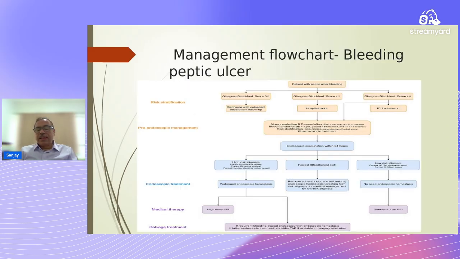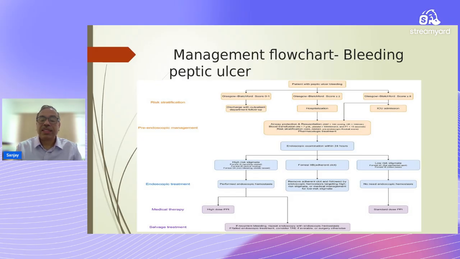This is, in a nutshell, the management flow chart of bleeding peptic ulcer. Just to recapitulate, if a patient comes to you with a bleeding peptic ulcer, first you do resuscitation simultaneously, which is airway protection, and keep the systolic blood pressure at about 90 to 100 millimeters of mercury.